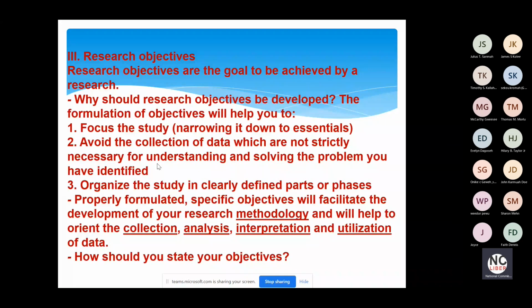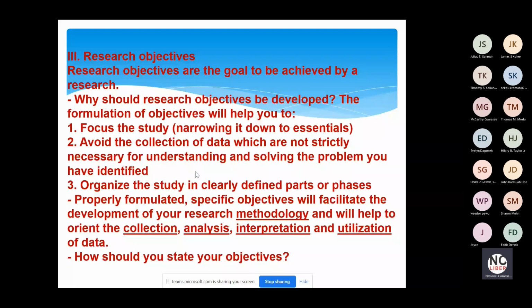Another thing setting the objective will help you do is avoid collecting data that you don't want, data that will not be necessary for your work. You want information that will just help you to solve your problem. So when you set the objective, you'll be able to get data that will find a solution to your problem. The other thing that setting the objective will do is that it helps you to organize your study properly.